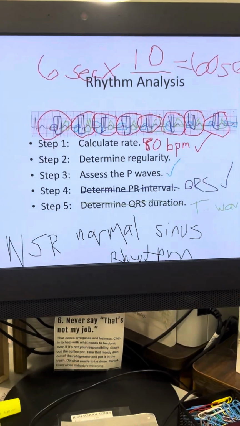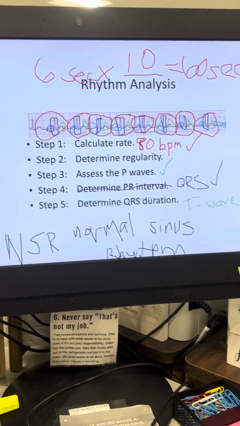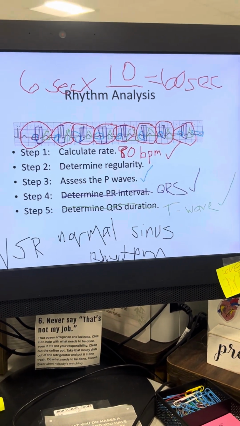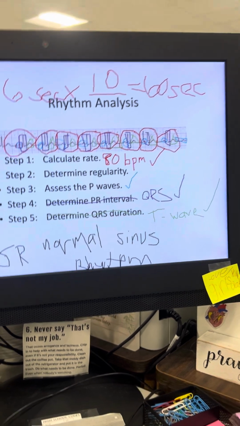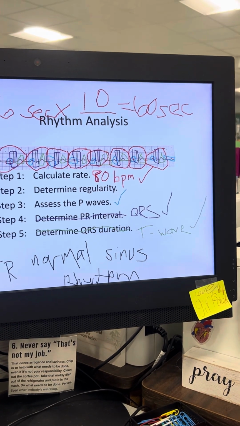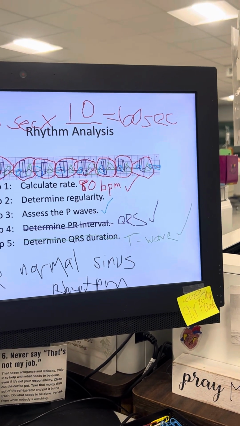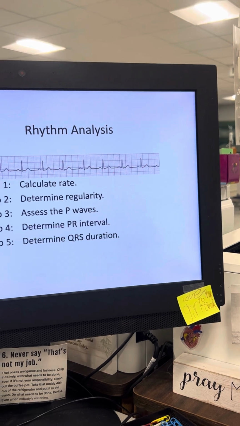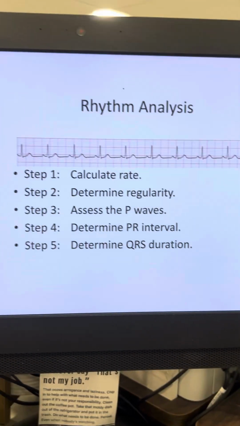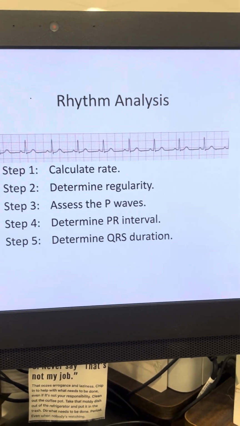Okay, now that writing looks horrible, but you get the idea, okay? So obviously this is what you're going to do every single time, and that's normal sinus rhythm. So now, how in the world do I erase all this? Erase all ink on slide. Okay, very good.